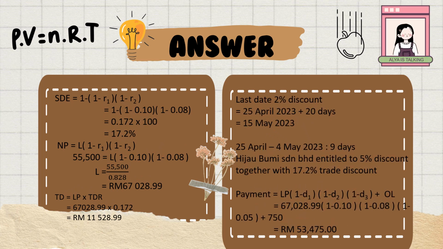A. To calculate the single discount rate equivalent to the given trade discount rates, we must use the formula SDE. SDE equal to 1 minus times 1 minus discount rate.